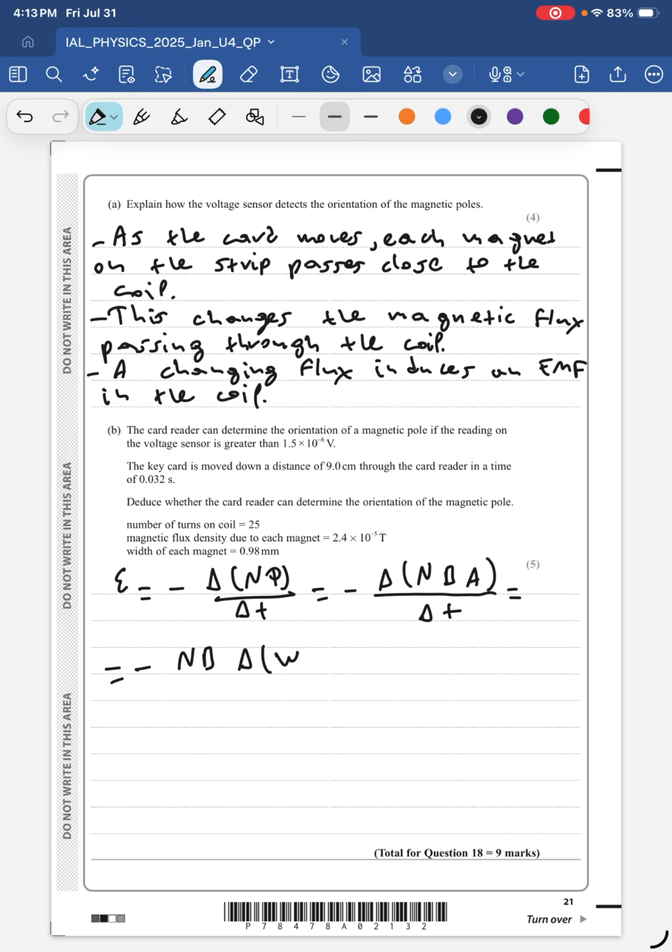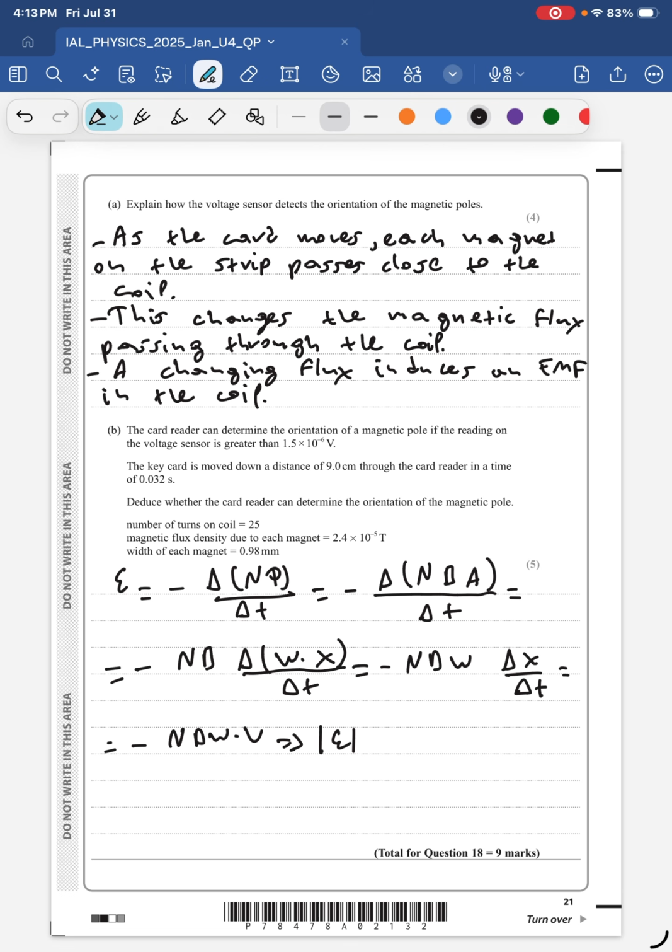The area is equal to the width times the distance traveled over time. The width is also constant, and we are left with delta x over delta t, which is nothing but the velocity, right? So that's minus N B width times velocity.